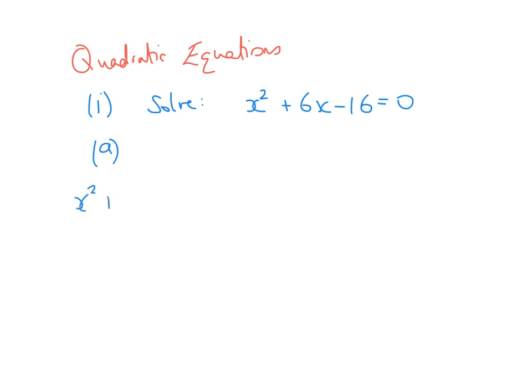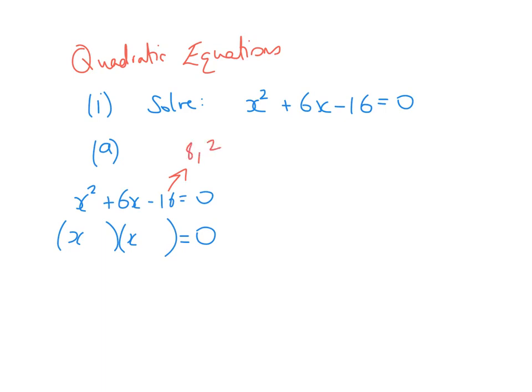we're going to try it using the factorizing method. So we're going to start off by factorizing this quadratic like I showed you earlier on. So it's going to be x and x, and if you remember, we go to minus 16, and we think about two numbers that multiply to give us minus 16.